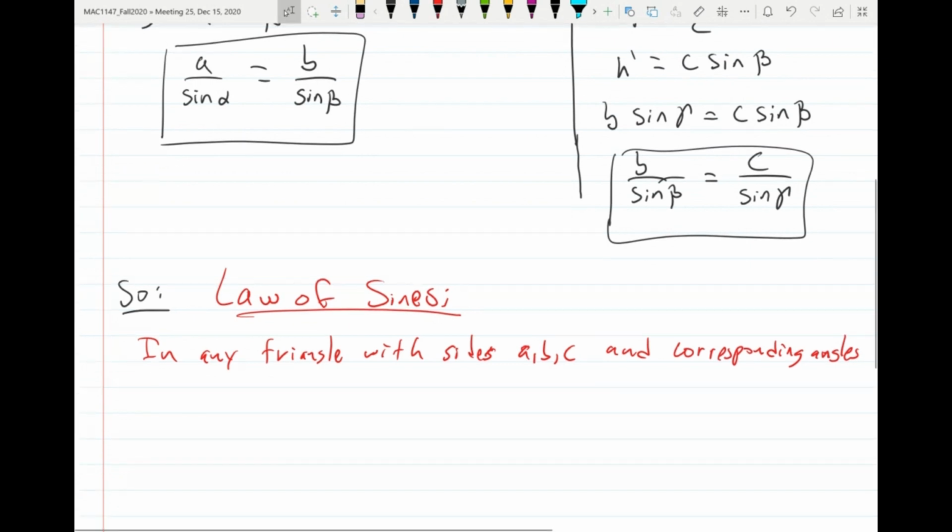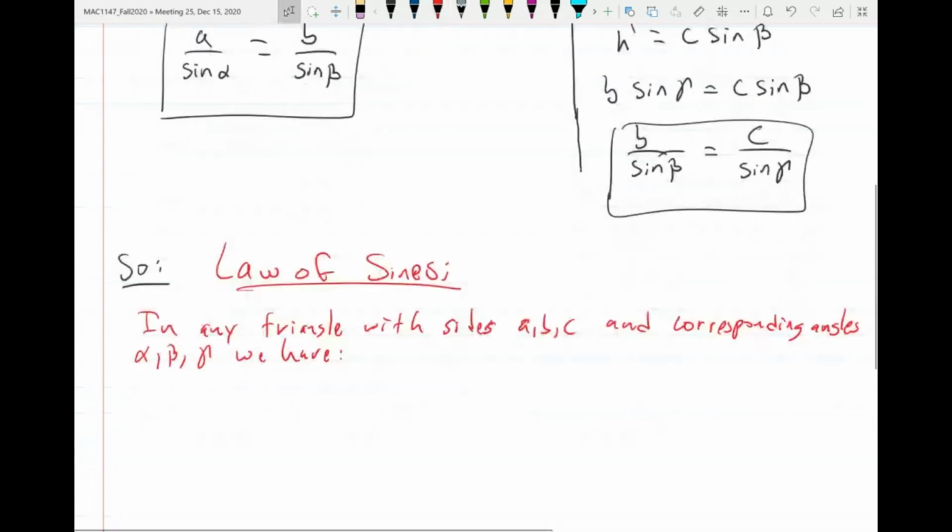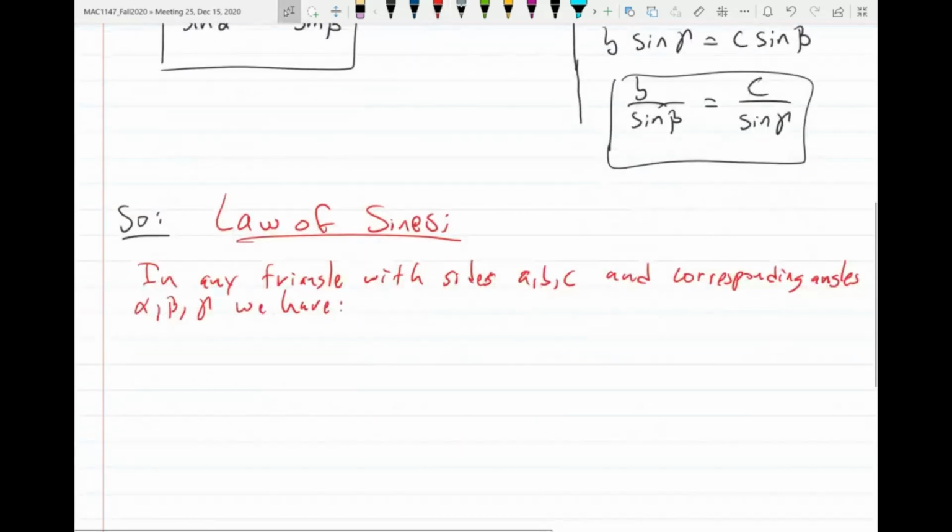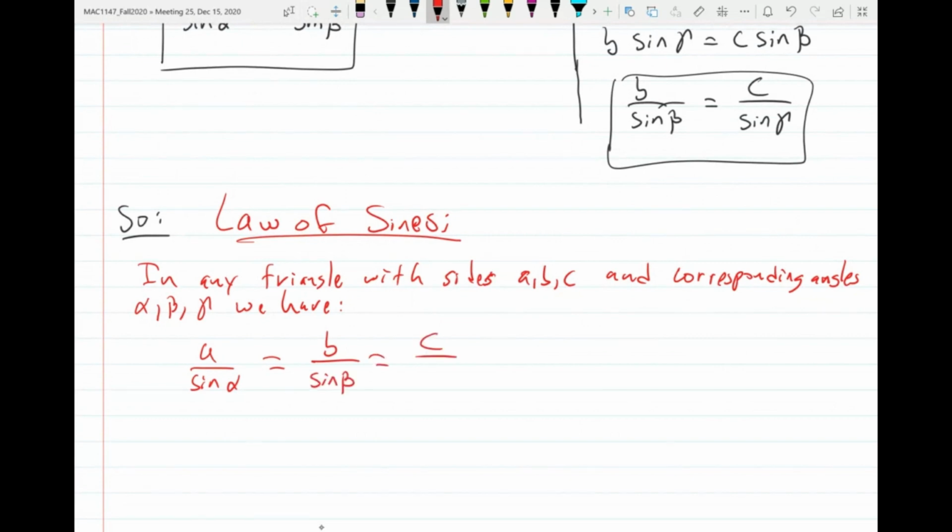Alpha, beta, gamma, we have, so alpha opposes A, beta opposes B, gamma opposes C, as we have in the picture, okay? So we have that A over sine of alpha equals B over sine of beta, which equals C over sine of gamma, okay? So this right here is what we call the law of sines.